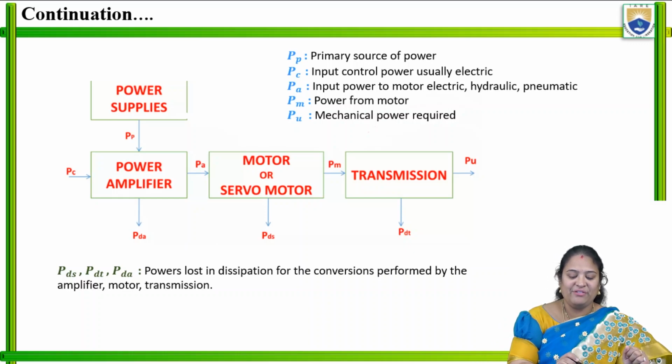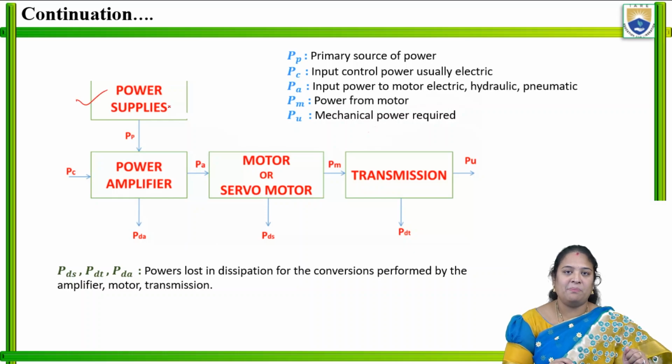Generally we will have the power supply. From this power supply, the primary power is sent into the power amplifier.